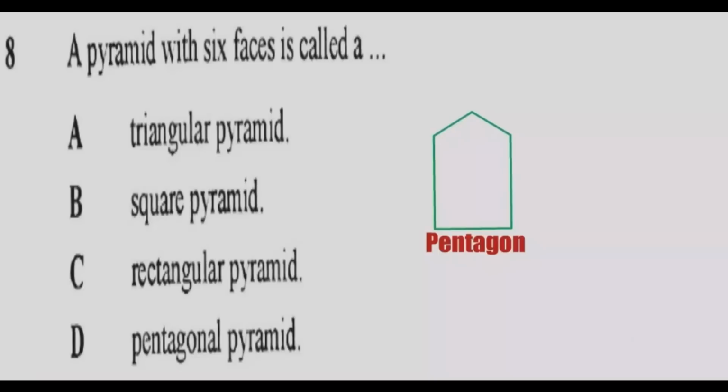Why are we subtracting 1? 1 is the base of the pyramid. When you subtract it, the other faces give you the number of sides that the base has. So the correct answer is D.